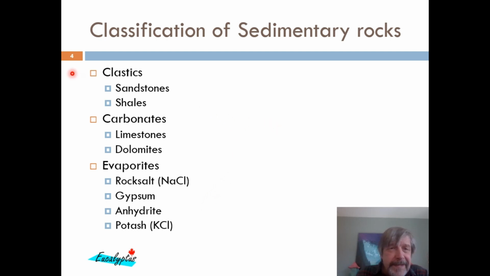So we have clastics, carbonates, which are often related to biogenic processes, and evaporites, the precipitates. Clastics are often materials or deposits formed from reworked pre-existing rocks.